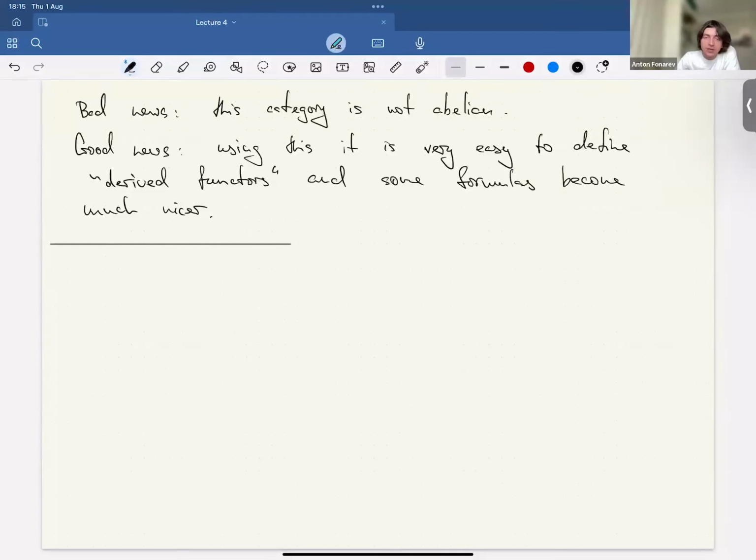All right, so the fascinating idea of Grothendieck and Verdier, implemented by Verdier mainly.